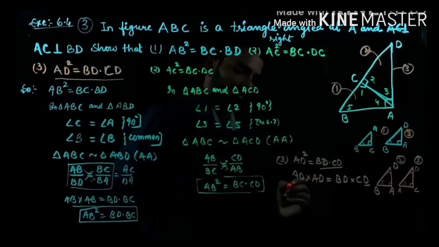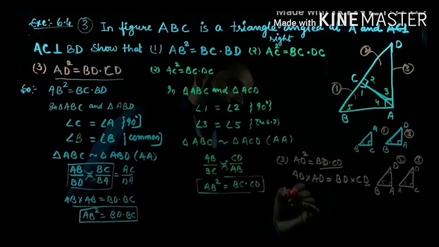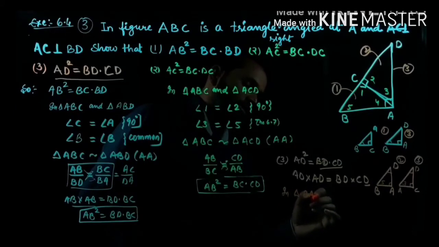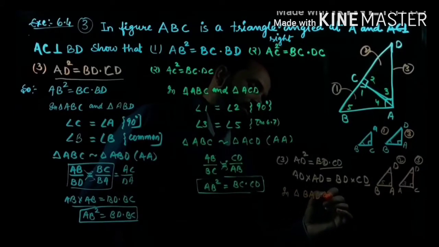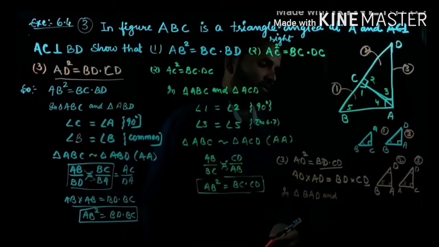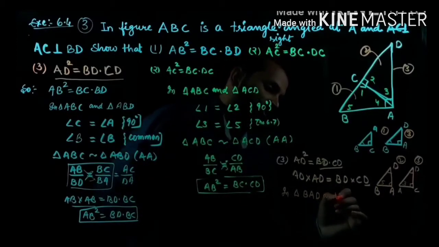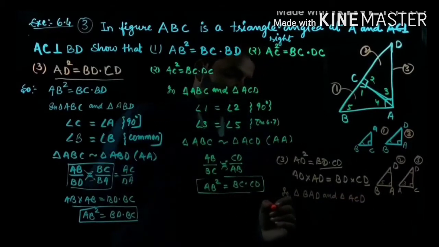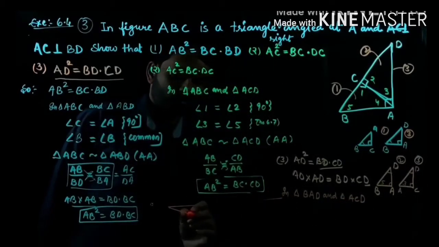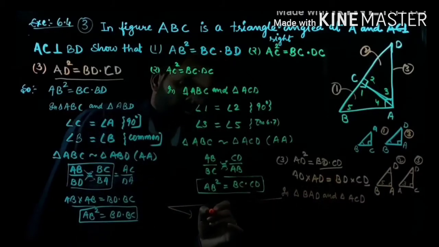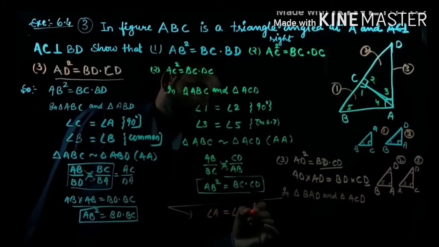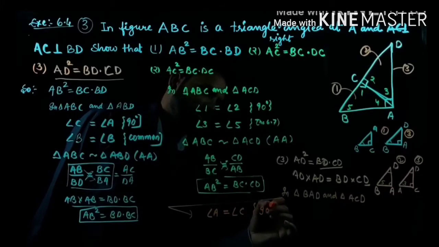So we write in triangle BAD and the second triangle, triangle ACD.